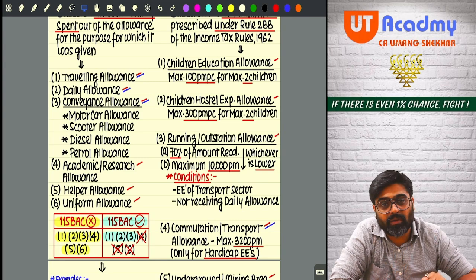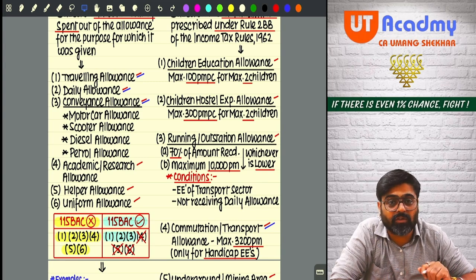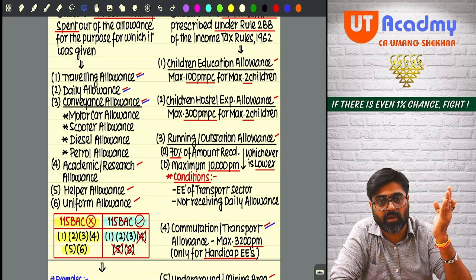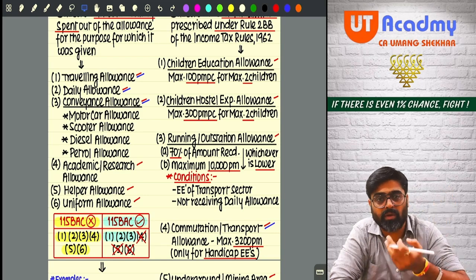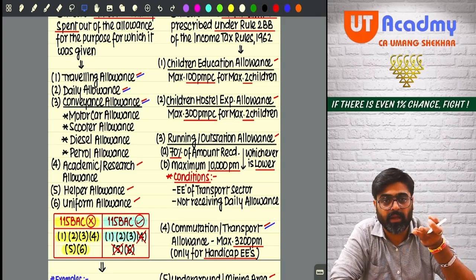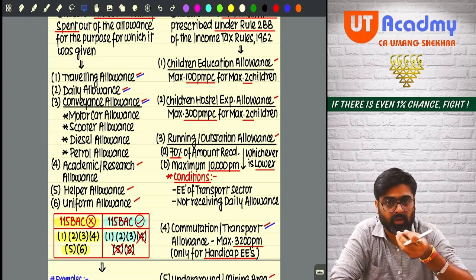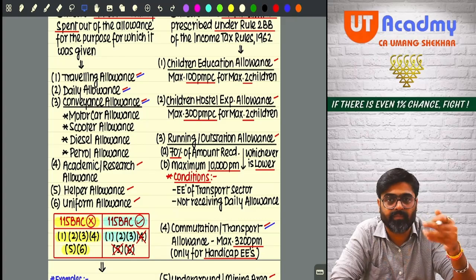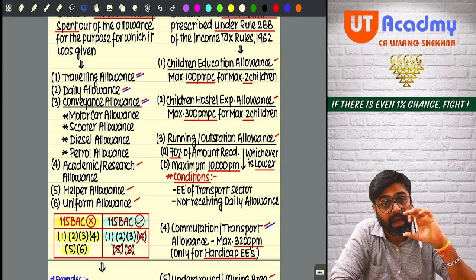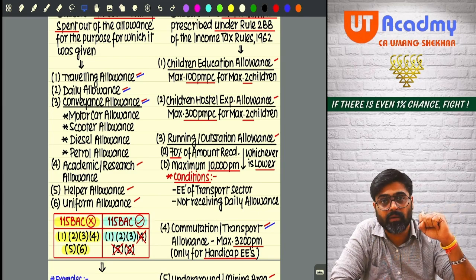There might be a possibility that uniform allowance is also given. Many organizations, many companies follow a system of wearing uniform. So it was the requirement of the employer that I should come in uniform. So give me the money to make uniform. Give me the money so that at least I can make 2 or 3 uniforms which I can use for the week. And laundry expenses will happen.